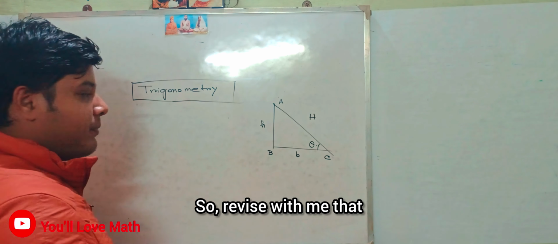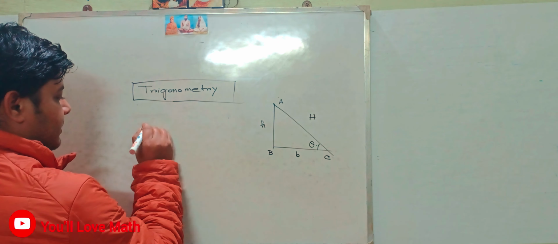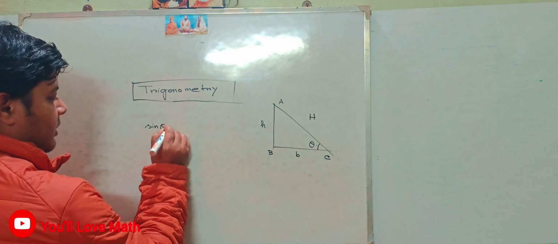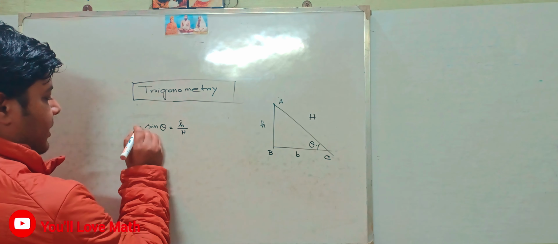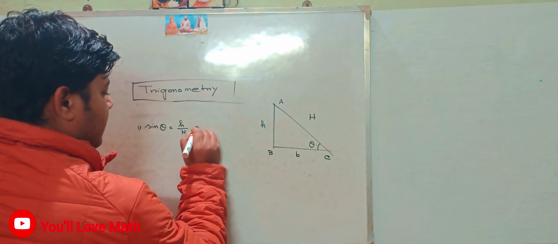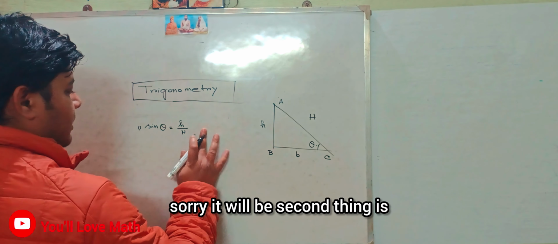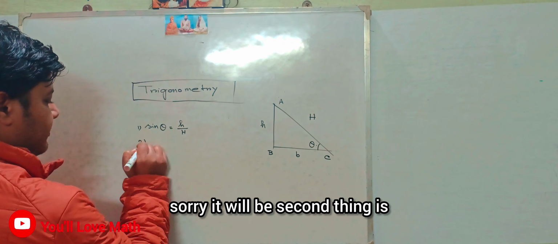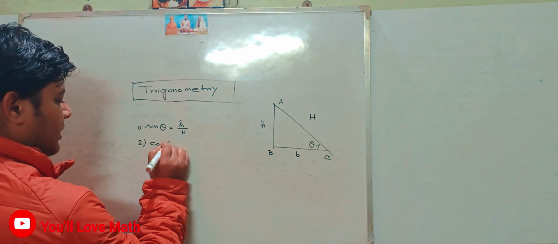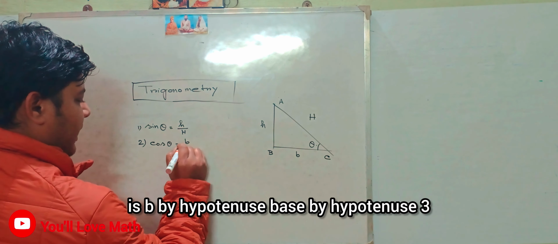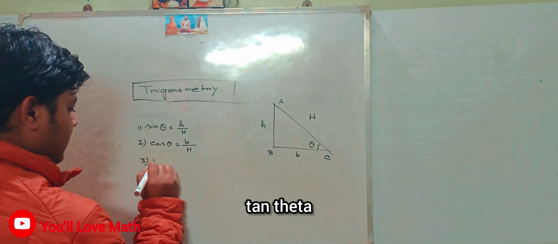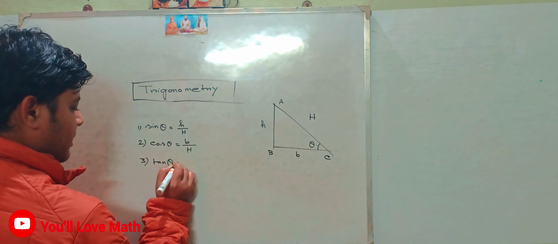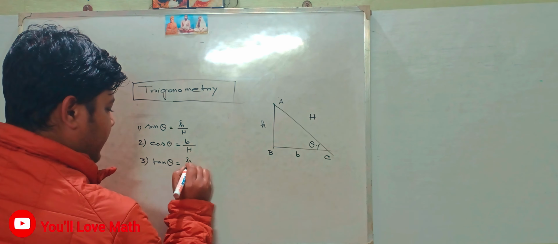So revise with me. One, sine theta equals h by capital H. Two, cos theta is b by hypotenuse, base by hypotenuse. Three, tan theta equals height by base.